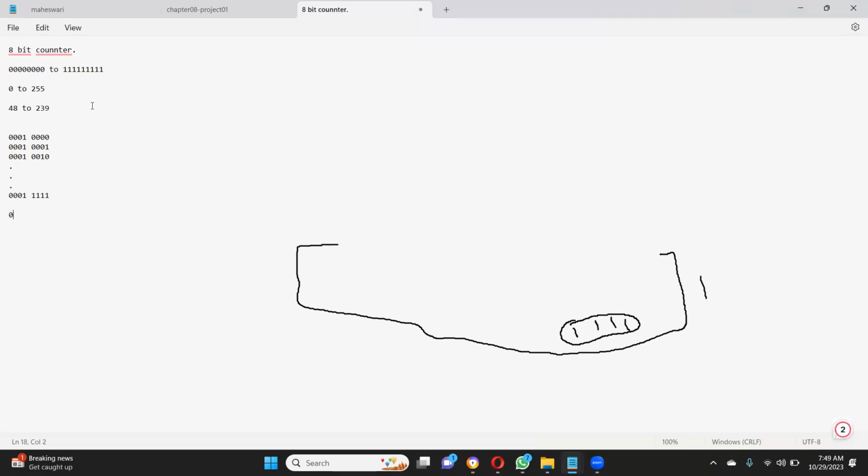So the carry will come, so it will be like this, and it will become 0 again here, right? And it will again start counting like this. Do you understand? This is how it goes. You go to use both the stage.